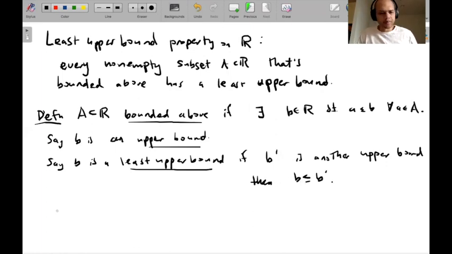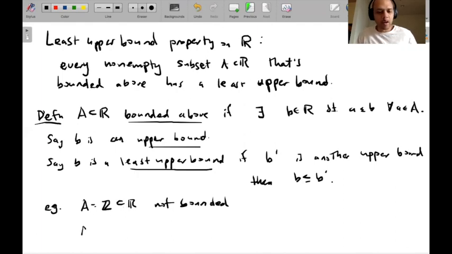So for example, A equal to Z in R is not bounded above. The integers are an unbounded subset of the real numbers.